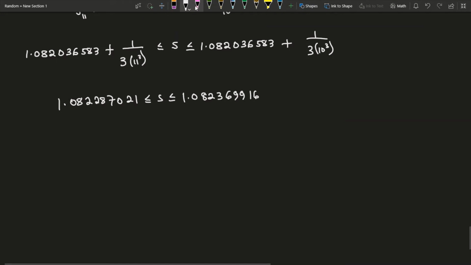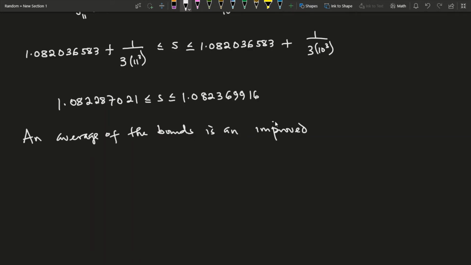Okay, so the B part actually says we should give an improved estimate of the sum. So an average of the bounds is an improved estimate of the true sum. So let's take the average. Let's just denote it with S bar. So this will be 1 plus, maybe I can even copy this and paste. Copy and paste.